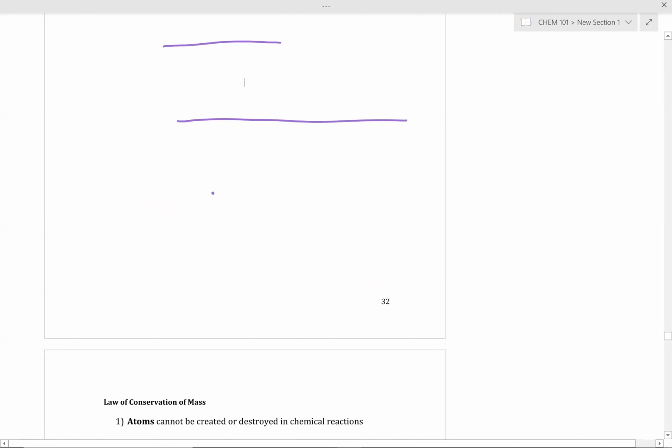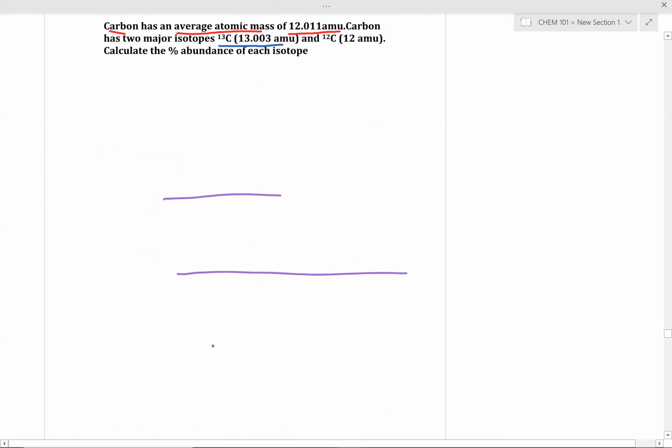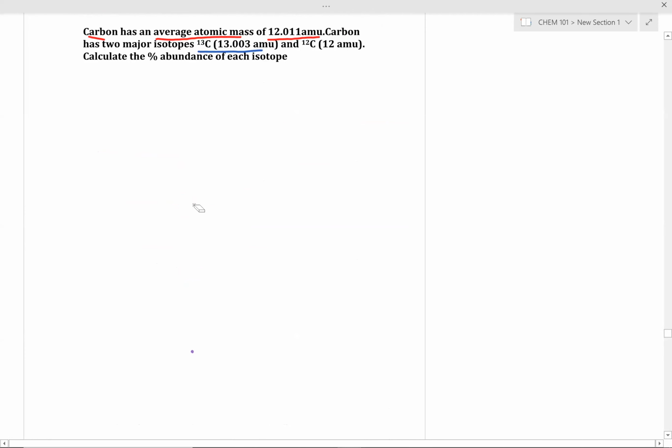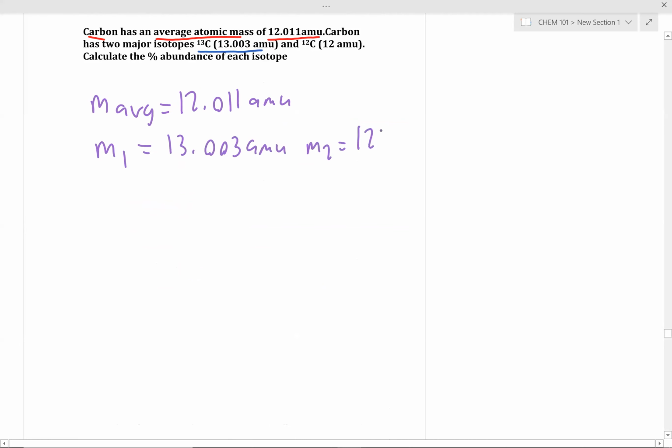Let me rewrite our work so far in scratch, just so we can see what we've done so far. We've established, as an overview, the average atomic mass is 12.011 AMU. The mass of isotope 1 was 13.003 AMU, and the mass of isotope 2 was 12 AMU.